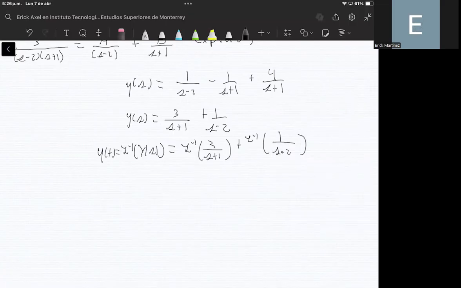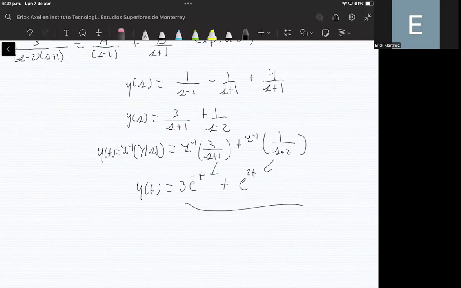So we can compute the inverse Laplace transform as 3 times e to the minus t for this one, plus e to the 2t for this one. And this is the result.